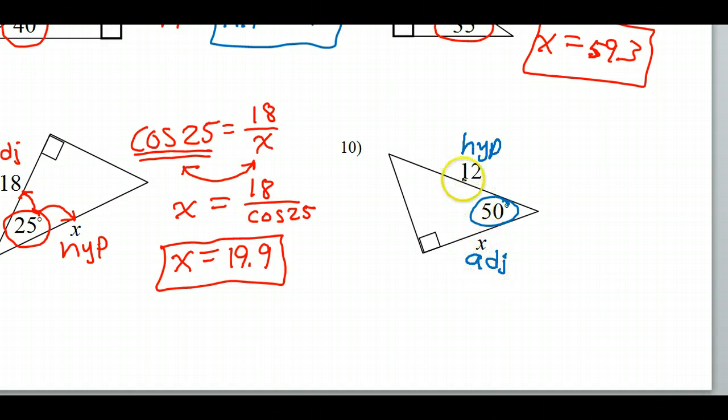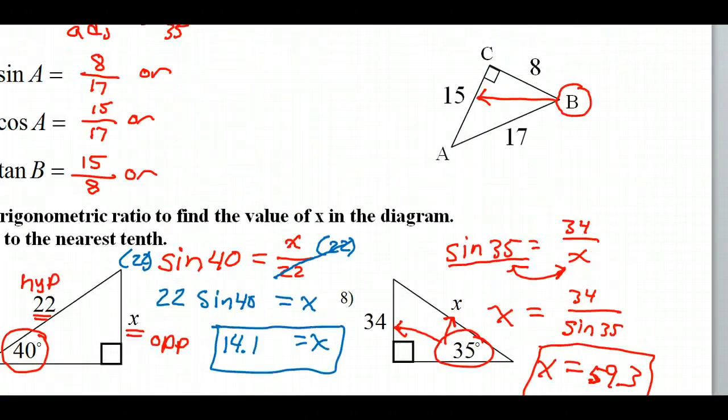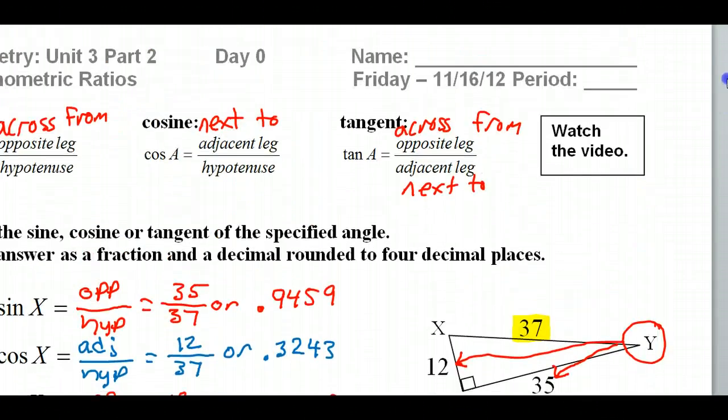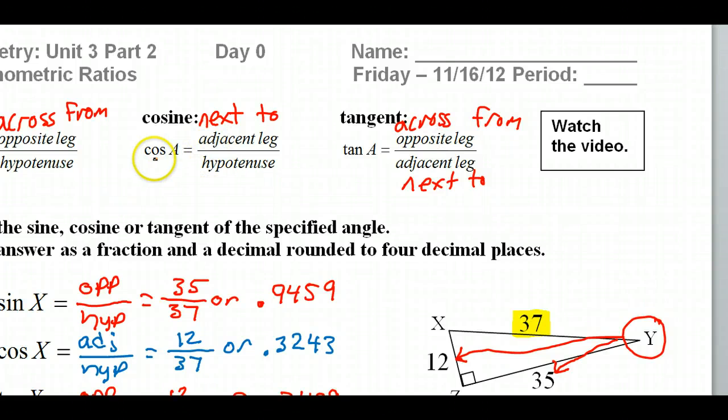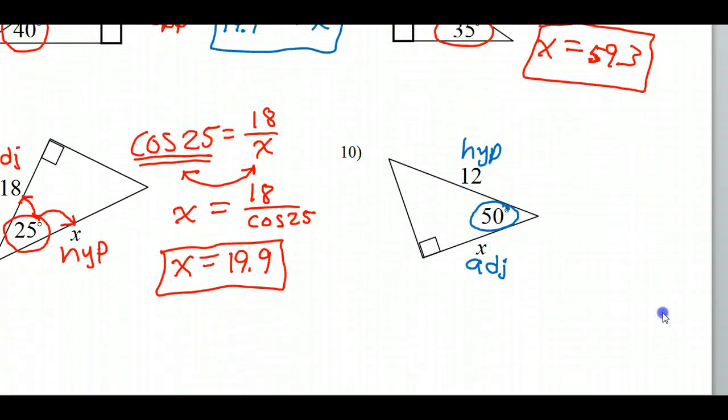So again we have adjacent and hypotenuse. If you check the formulas, that's the cosine function. So we write cosine of 50 equals adjacent over hypotenuse.